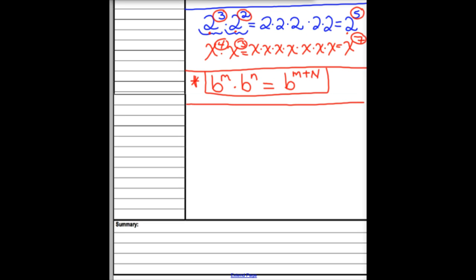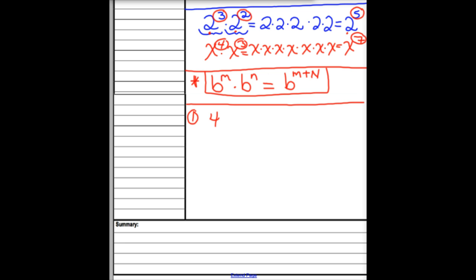So first of all, you'll be asked to write your answer containing only positive exponents, and you'll be asked to write it as a single monomial, which basically means just one base and one power. So let's start off easily first. Example number 1.